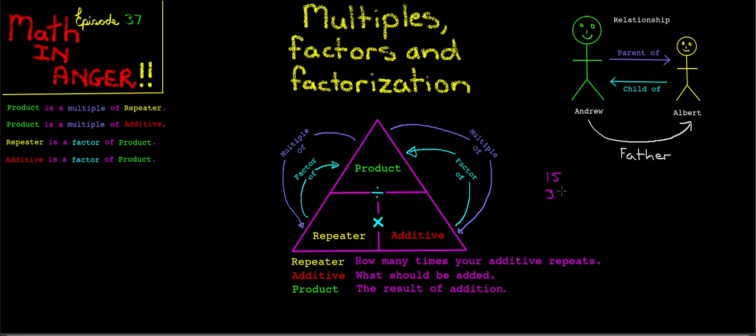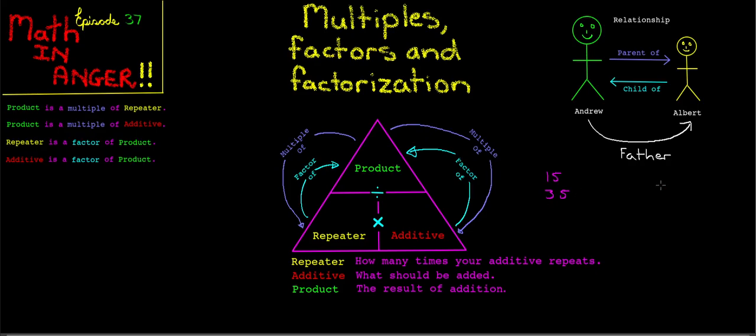Yes, it is, because 3 times 5 is 15. 5 is a factor of 15, because 5 times 3 is 15. Right? 15 is a multiple of 3. 15 is a multiple of 5.